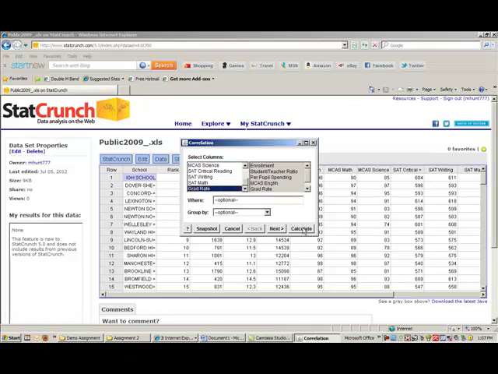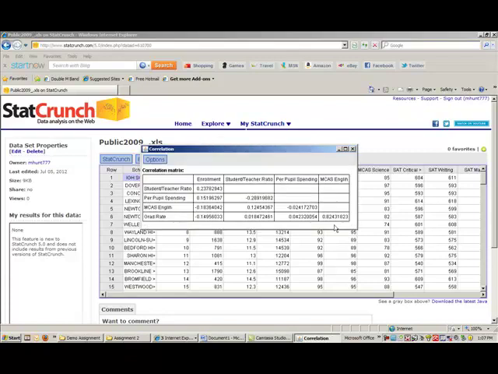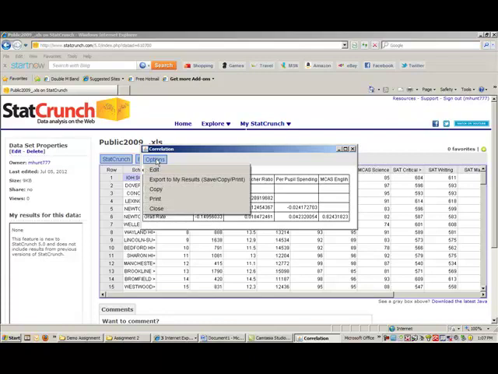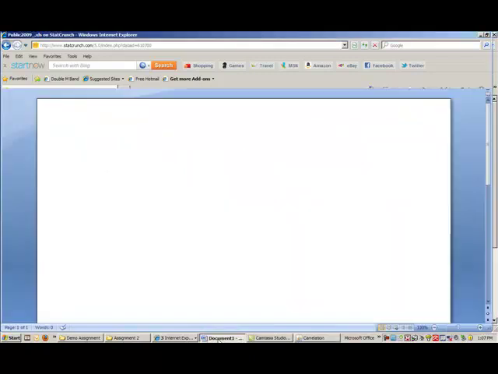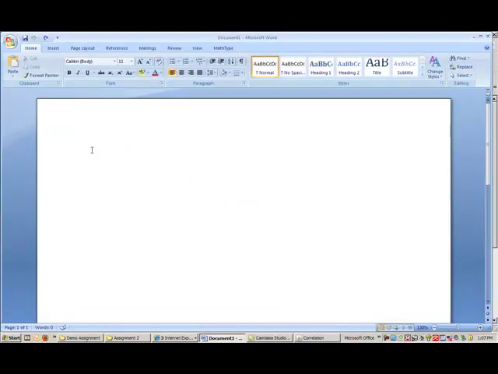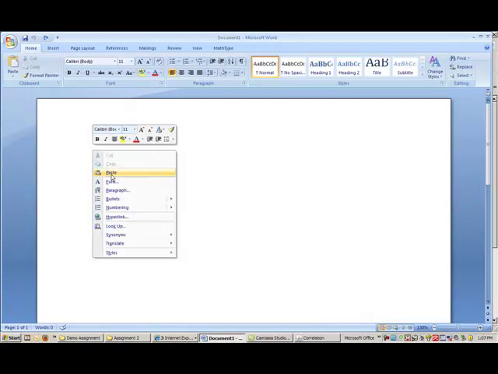So we would select those variables and then we would hit Calculate. To move this table to a Word document, we would do Options and Copy. I've opened a Word document, right-click, Paste.